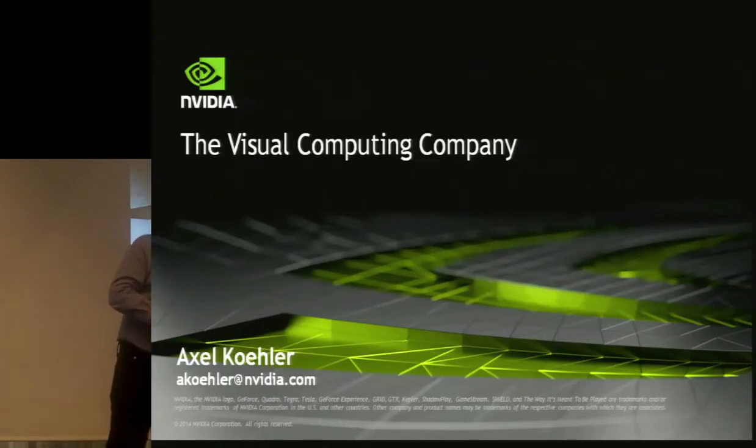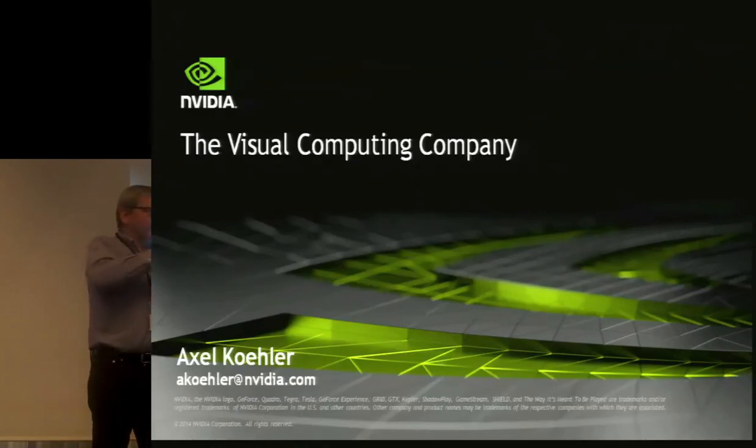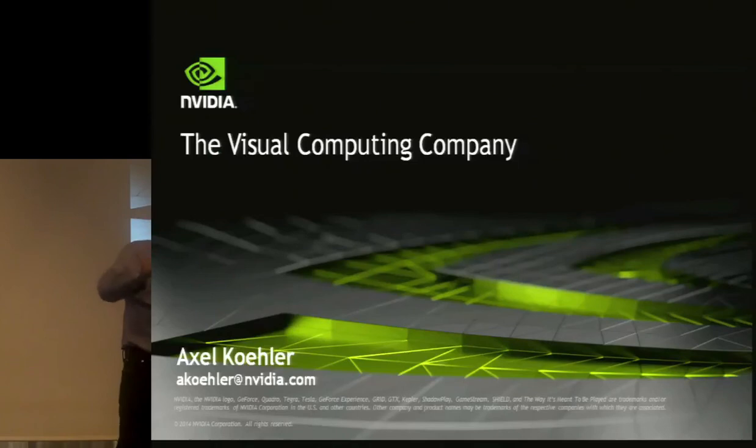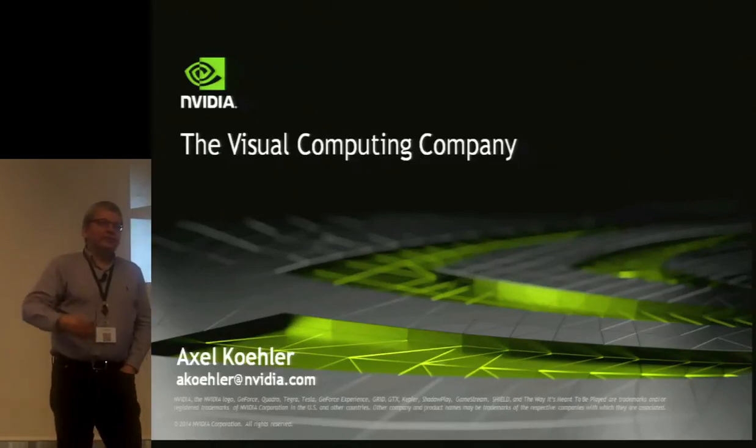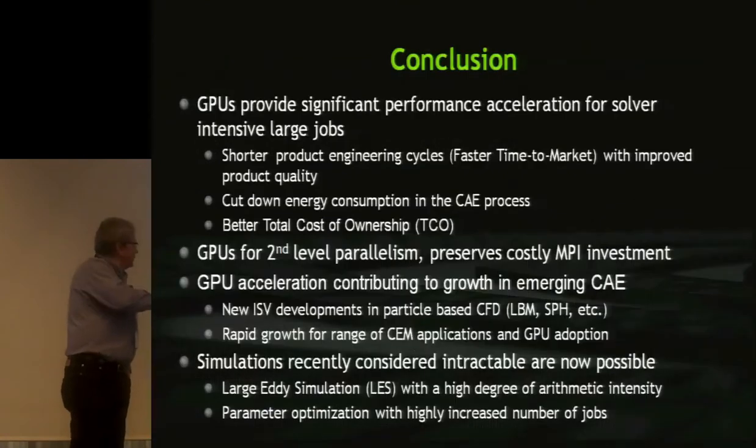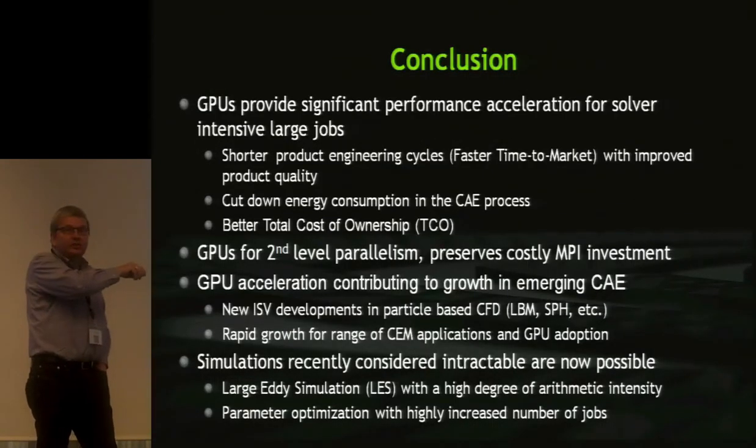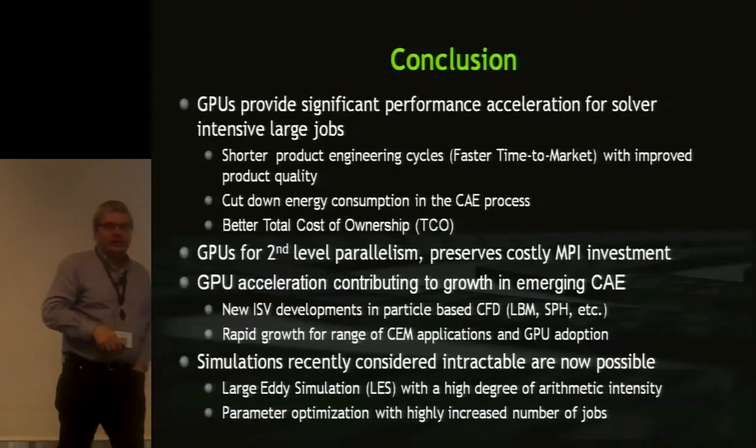I believe ISVs are meanwhile under heavy pressure to follow the larger input sets, and so the demand is increasing in the industry, in manufacturing or in other areas, and they have to provide good solutions. And with MPI, it often does not scale very well over a large number of nodes, so GPUs give them additional benefit in order to run new large eddy simulations or parameter optimization runs and so on.